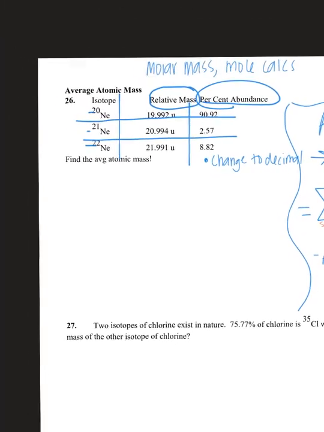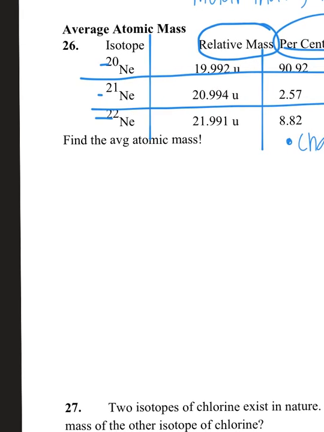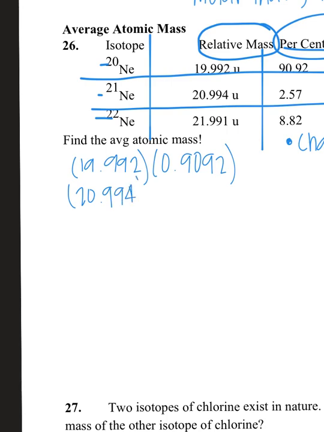So when we go through, we have 19.992 times, and we change that percent to a decimal, so 0.9092. We're adding it to 20.994, and this is now a decimal as well.